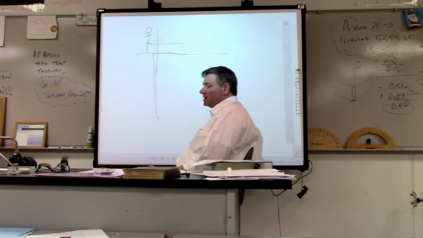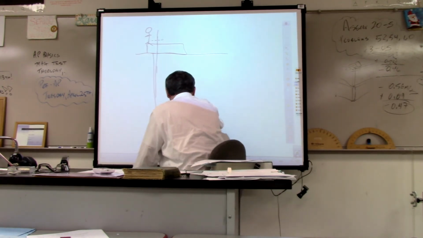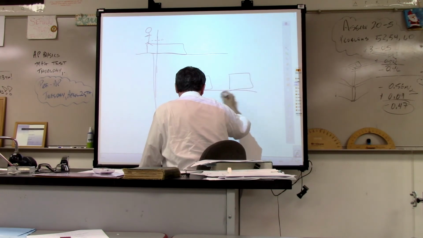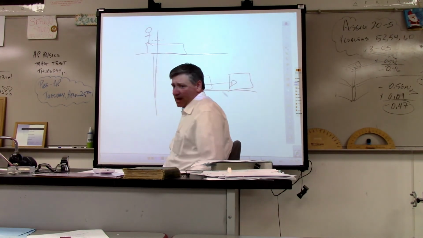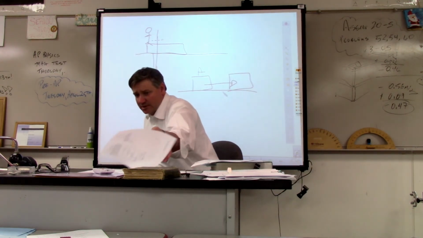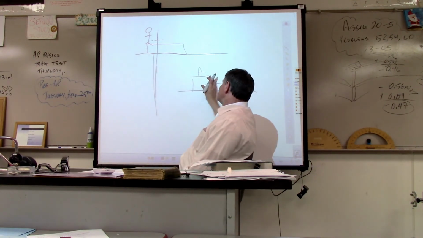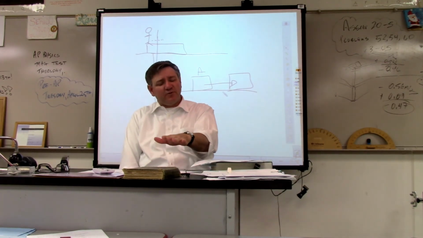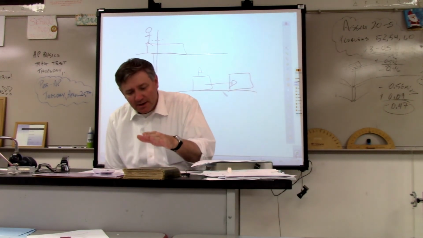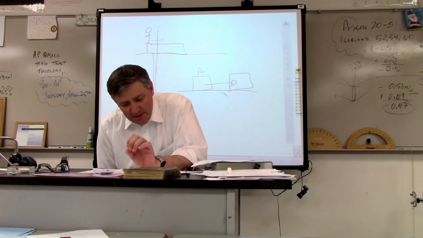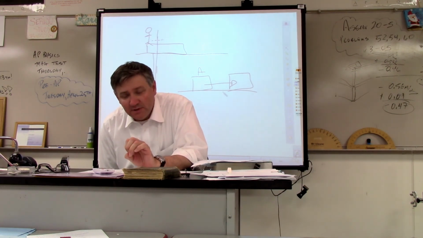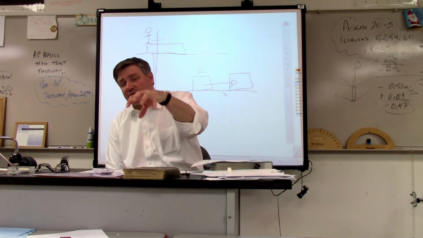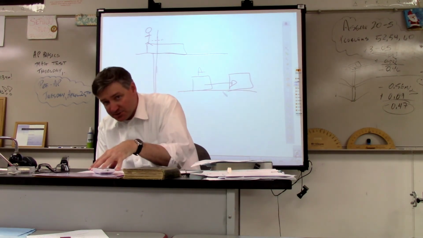It's a momentum problem, because you've got A and B of equal mass, and they're going to hit and do the California thing and move off together.